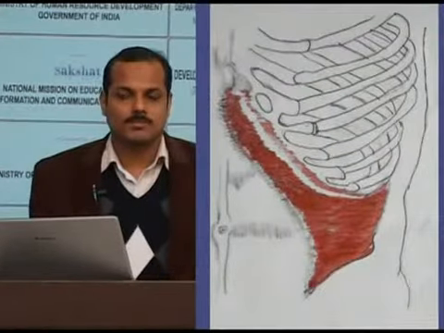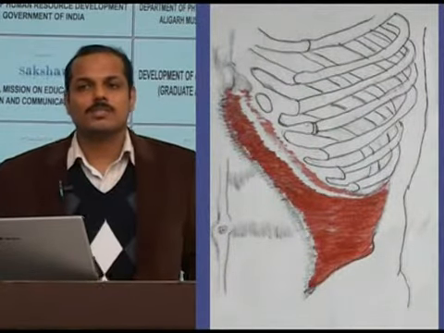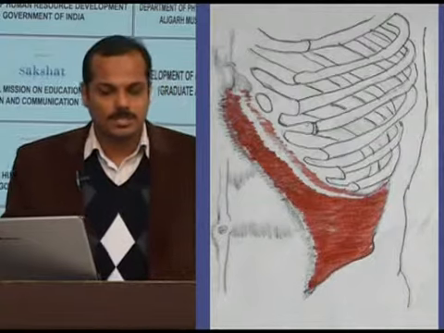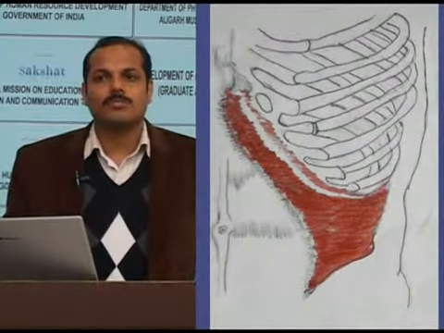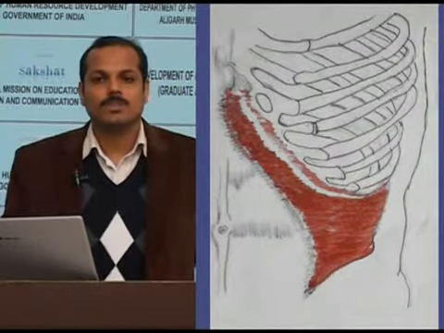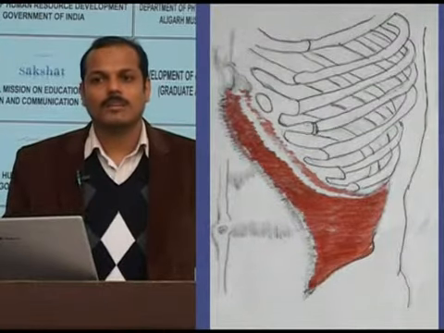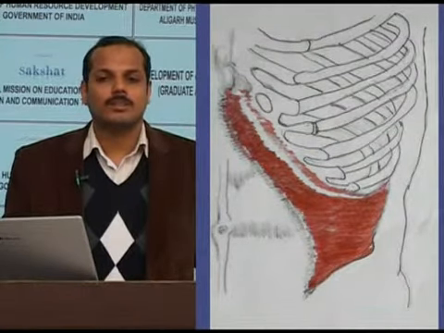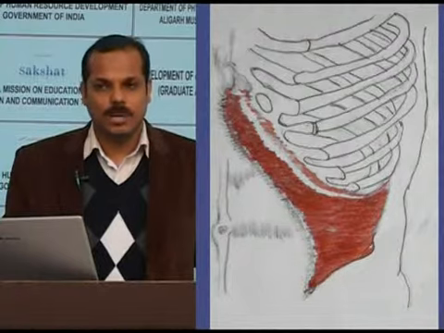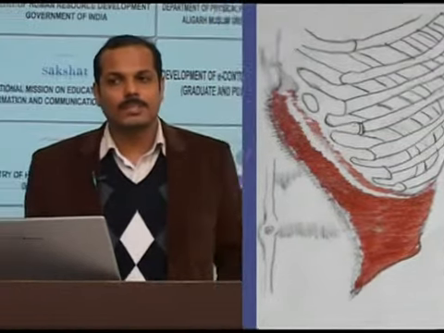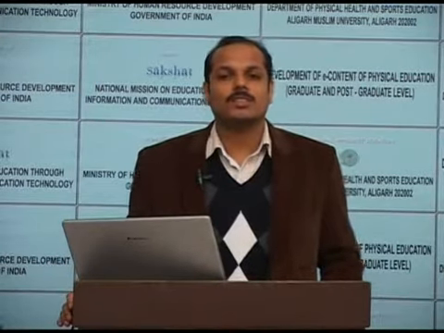The next muscle is the transverse abdominis. Its origin is the anterior iliac crest, the lateral half of the inguinal ligament, the thoracolumbar fascia, and the cartilages of ribs 6 to 12. So, it has four origins.